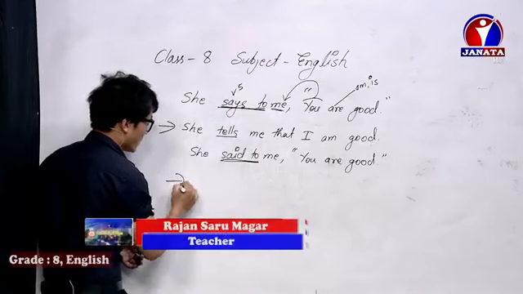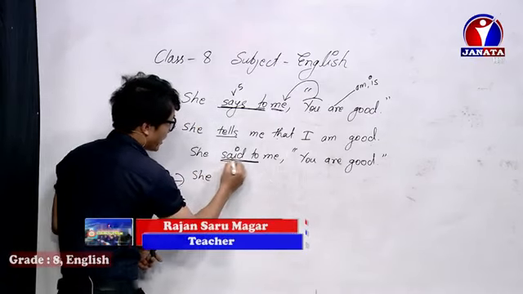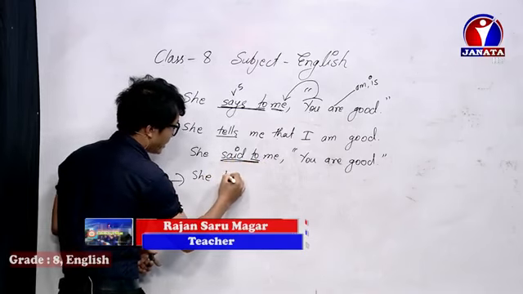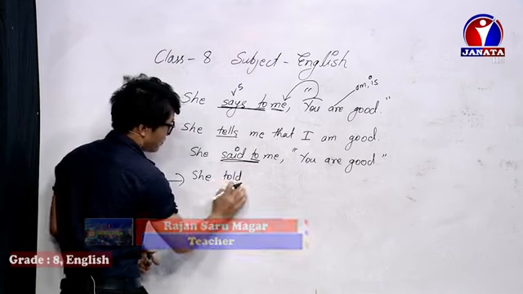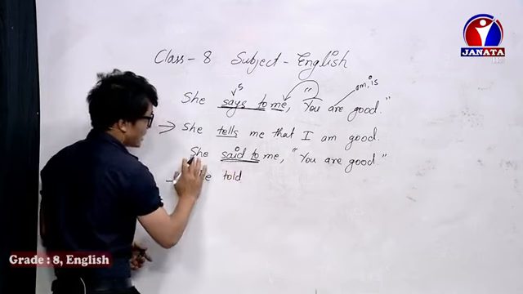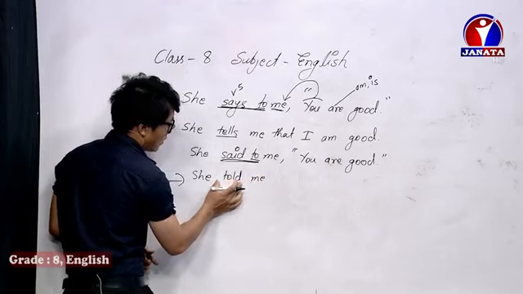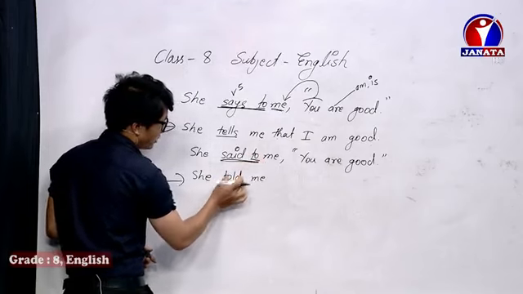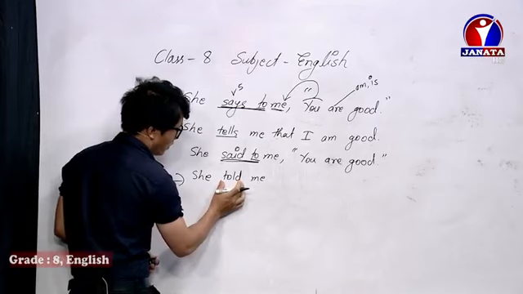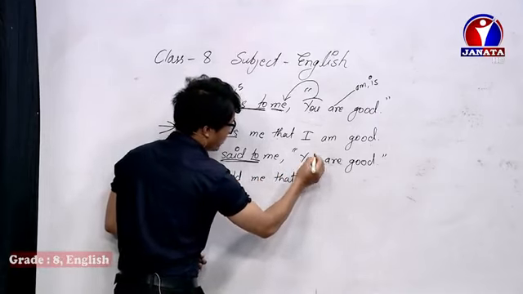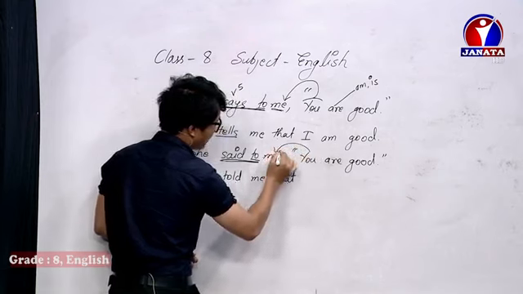So let's do once again. See, here is a TO2 after said preposition. So we need to write here TOLD, told. She said to me, she told me. Why here is it told? Because here is a TO2 preposition. So we have written here told. She told me that, and this you should be changed according to object. Object is me.